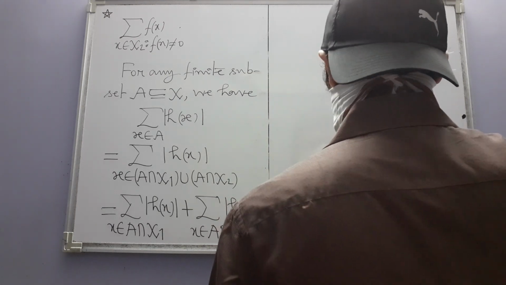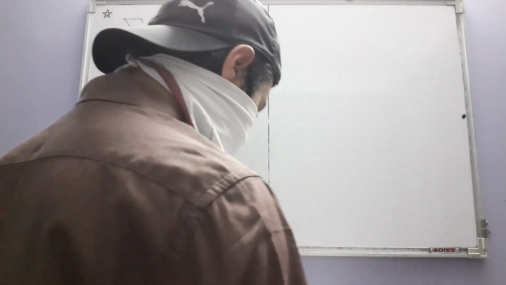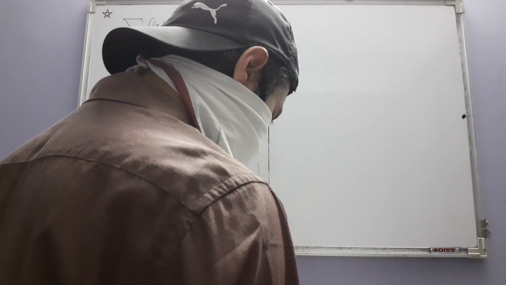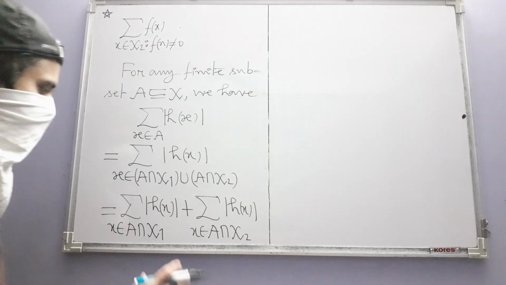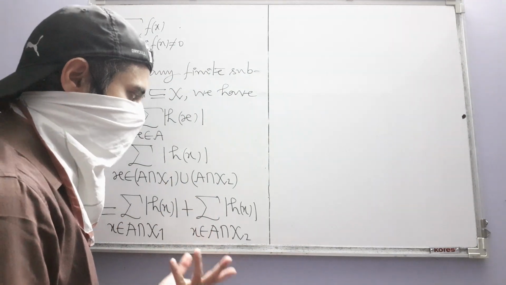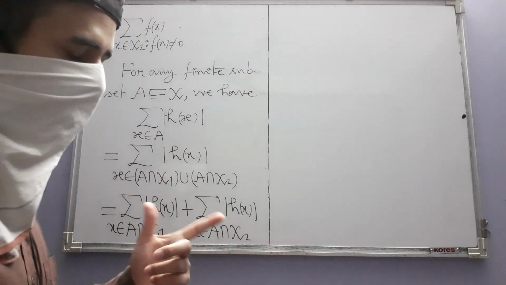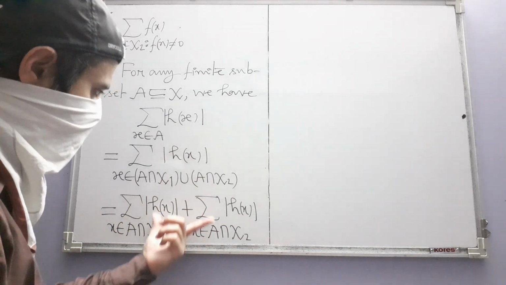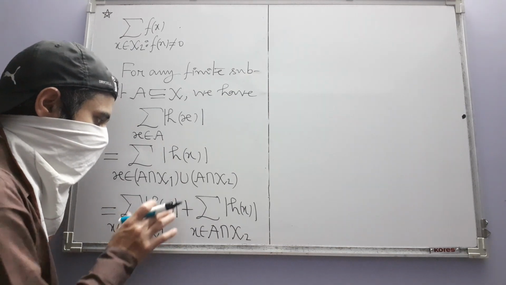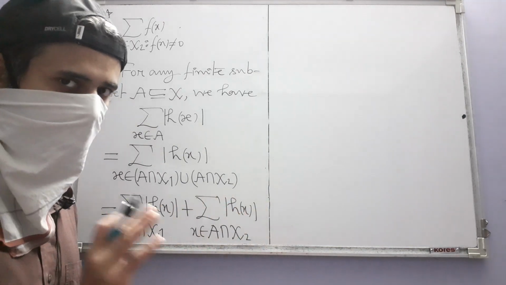That is precisely the result we are using in this step. Unfortunately, I have not written it here, but you can understand. What you have to do is go back to the properties of finite sums like this. There you will see a property which will allow you to write this. In writing this, you have to keep in mind that these two sets have to be disjoint, which we have seen they are.